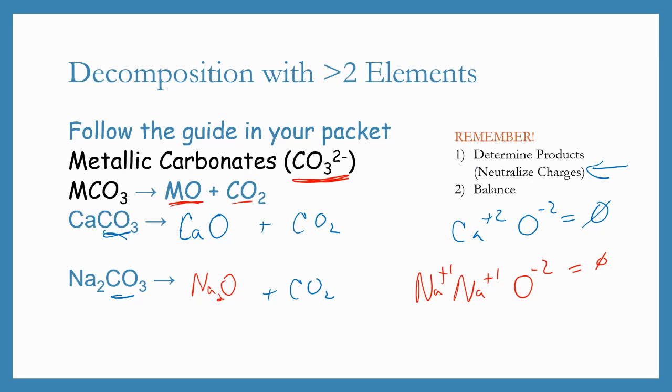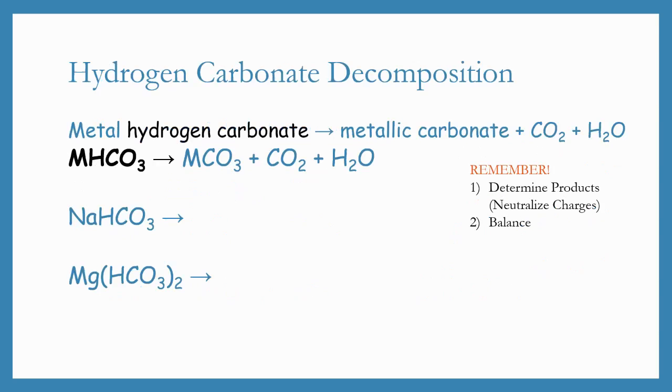After you've established the products, then you balance. And when you're balancing, you can't mess with subscripts anymore. So calcium carbonate, there's 1 calcium, there's 3 oxygens, that one's done. There's 2 sodiums, there's 3 oxygens, there's 1 carbon, that one's done. So the good news is I was told we'll probably take it easy on the balancing because of the predicting.